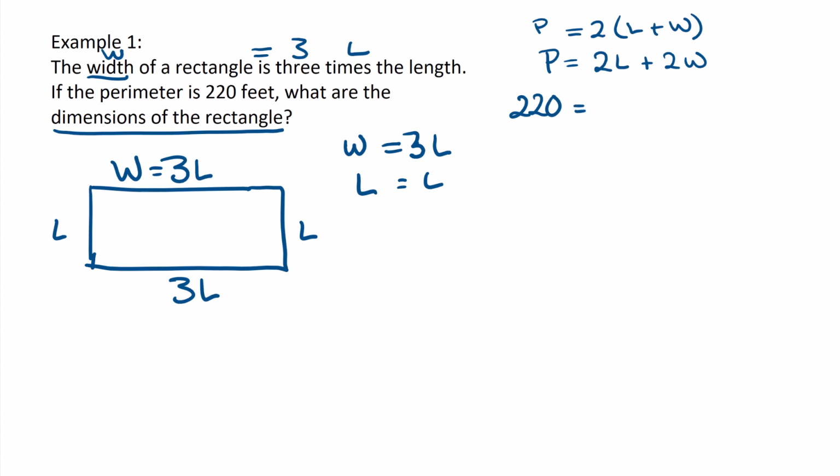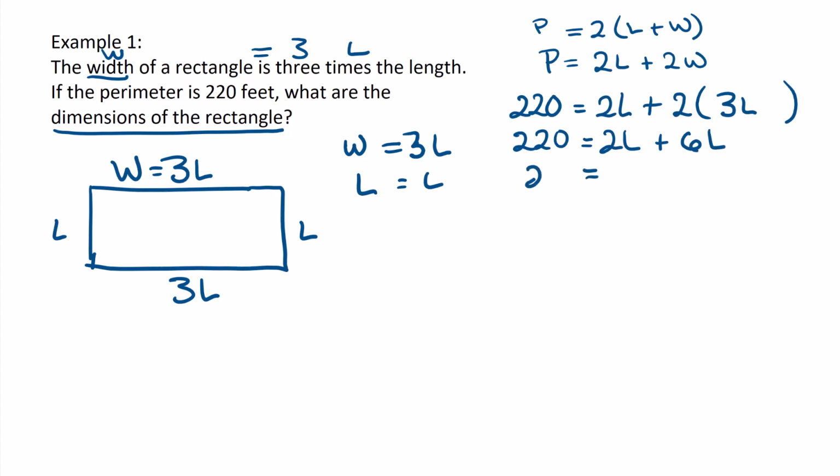So if I have 2 times the length plus 2 times the width, I can replace the width with 3L. That way all my variables are in terms of L. Then I can simplify. So 220 gives me 2L plus 6L. And so 220 is equal to 8L.